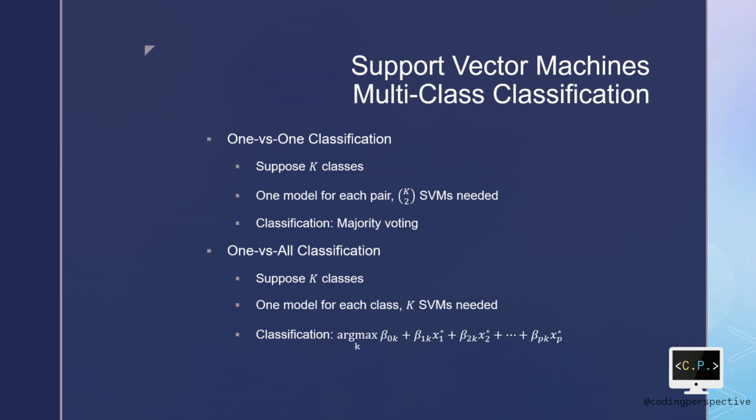If we denote the values of a test observation as x1, x2 till xp, then we classify the test observation as the class where beta 0k plus beta 1k x1 plus till beta pk times xp is maximized. This means that we are assigning the test observation to the class where we have the highest level of confidence.